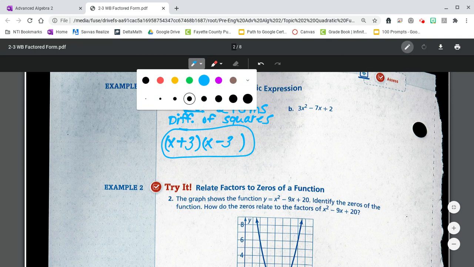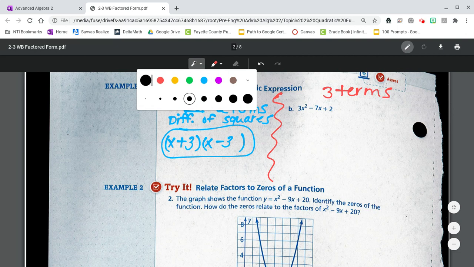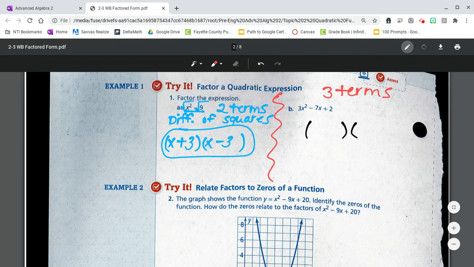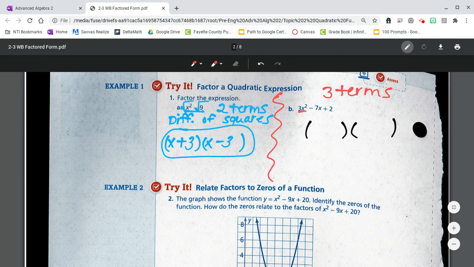Then the next one, I notice that there are three terms. First I'm looking to see if there's a greatest common factor between 3, 7, and 2, and I'm not seeing any. So then I'm going to try my guess and check method. I'm going to set up two sets of parentheses. Then I'm going to see, what multiplies to be 3? Well, 3 and 1, so 3x and x. And what multiplies to be 2?